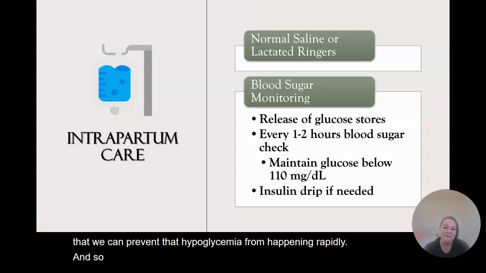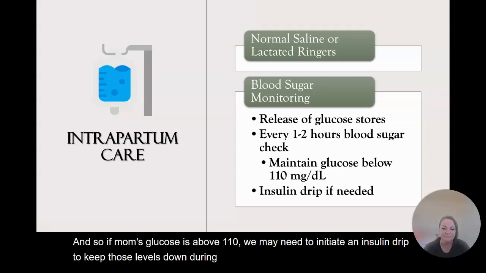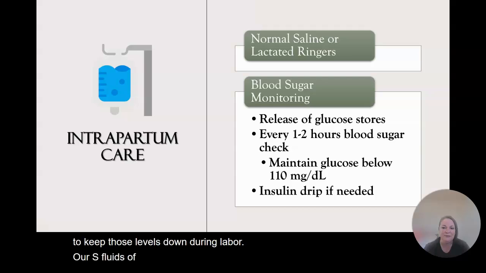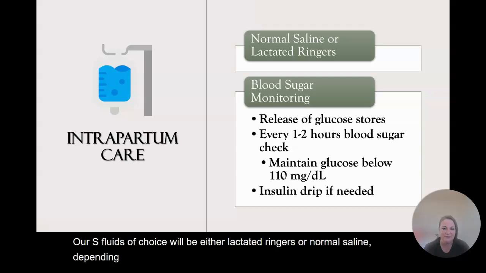So if mom's glucose is above 110, we may need to initiate an insulin drip to keep those levels down during labor. Our fluids of choice will be either lactated ringers or normal saline, depending on what the provider writes for.